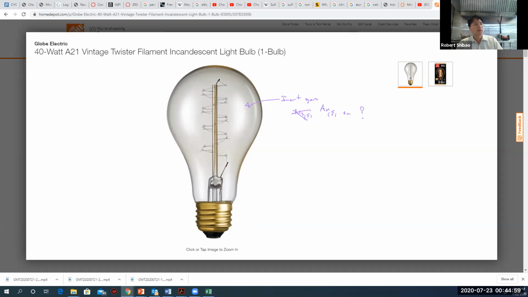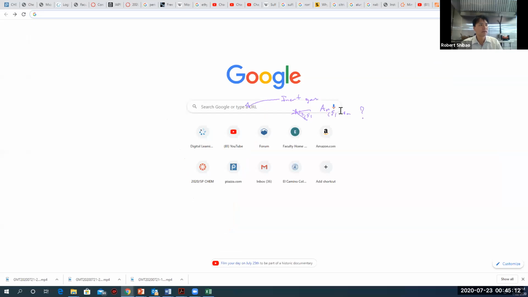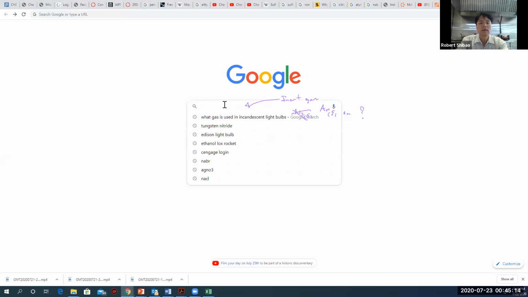And so the idea came up to make a light bulb out of hydrogen gas, and it should give us white light. That's what was predicted by classical physics.